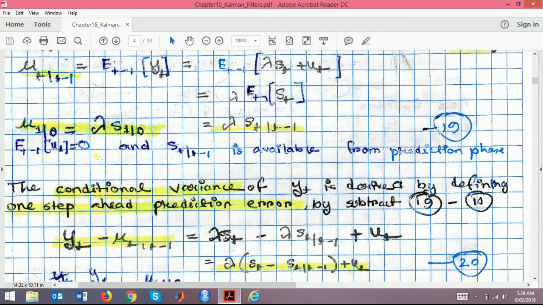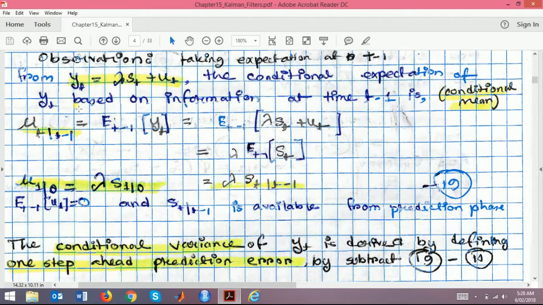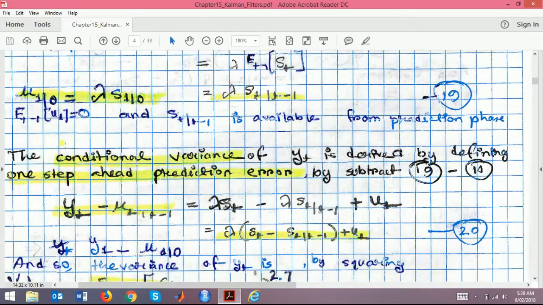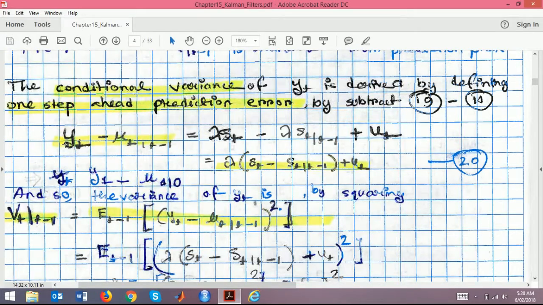Now we are dealing with the observations we are measuring, where the estimation gives us the conditional mean, which is lambda S1|0. Now we talk about the conditional variance, which is yt minus the conditional mean we have just estimated, equals lambda st plus ut.